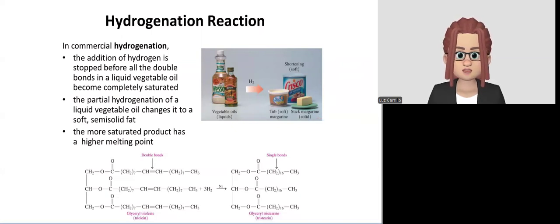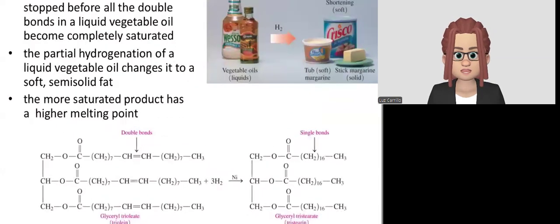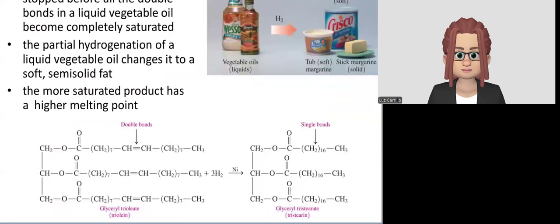Hydrogenation of a triacylglycerol, specifically one in which it is unsaturated, leads to the formation of a saturated fatty acid. If we look closely at the reaction itself, this carbon-carbon double bond, each of the CH groups is going to receive a hydrogen on each of the fatty acid components, and they will turn into CH2s.